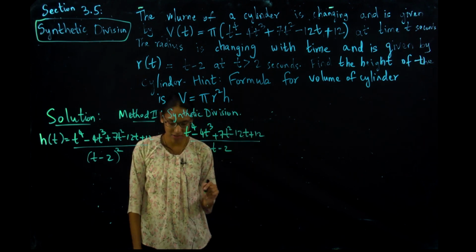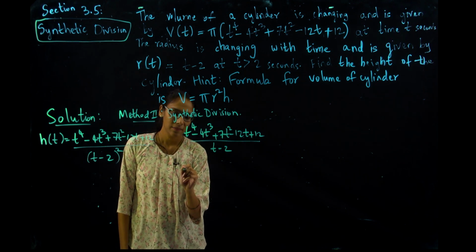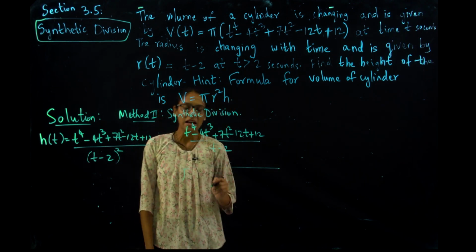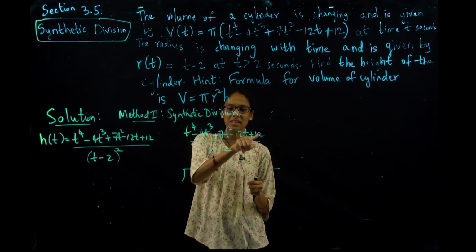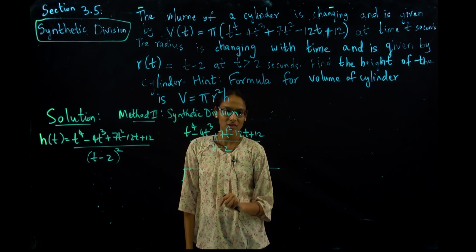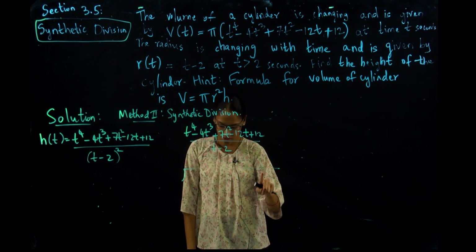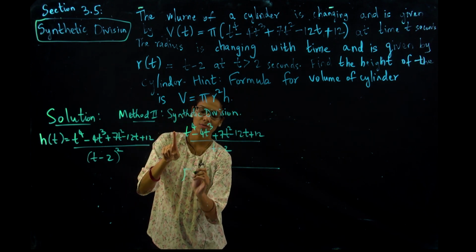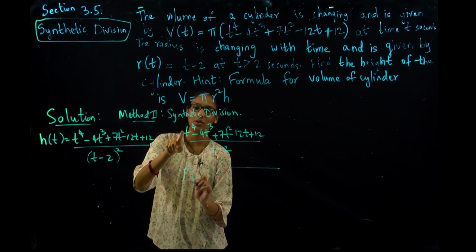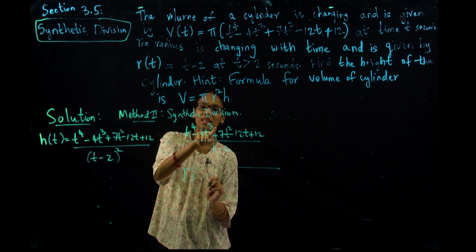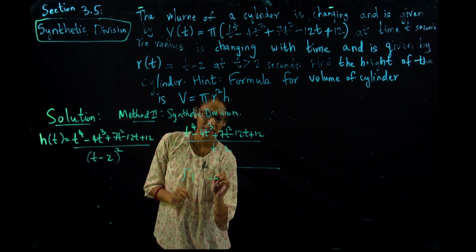Now, to do synthetic division, what we do is list out the coefficients that go with each power of t, in decreasing order. Make sure to put in 0 whenever there is a missing power. Starting with t to the 4, the coefficient is 1. For t cubed, the coefficient is negative 4.